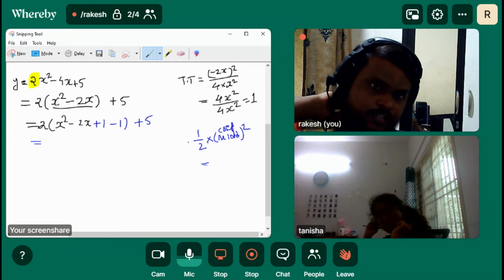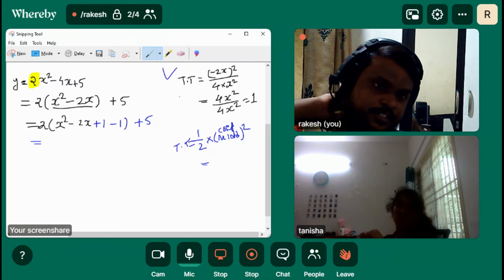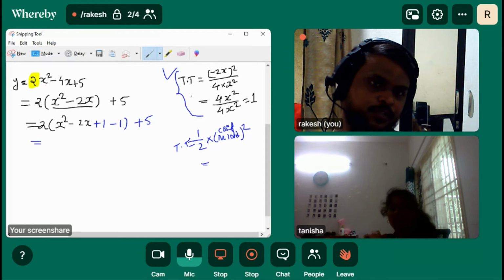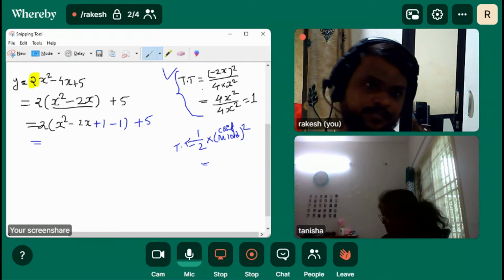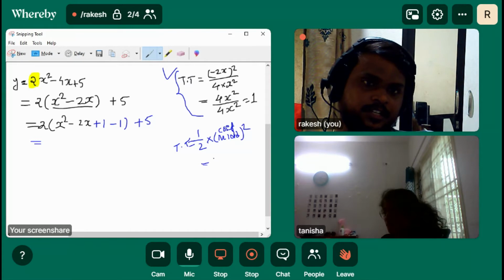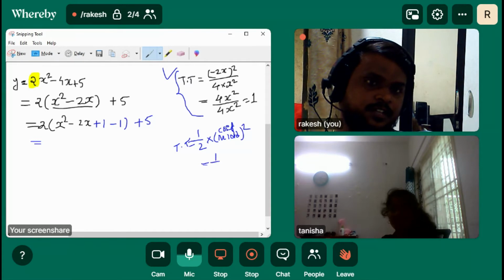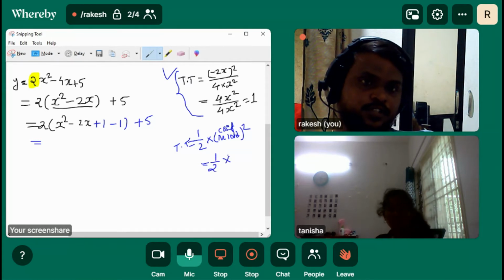Yeah. This is one of the formulas, but this is the general formula. Actually, why I gave you this formula is because it will work for any coefficient of x square, right? And the other formula only works when the coefficient of x square is 1.